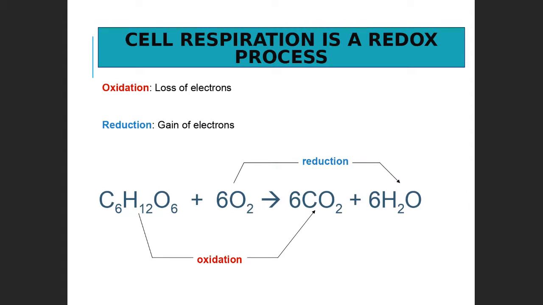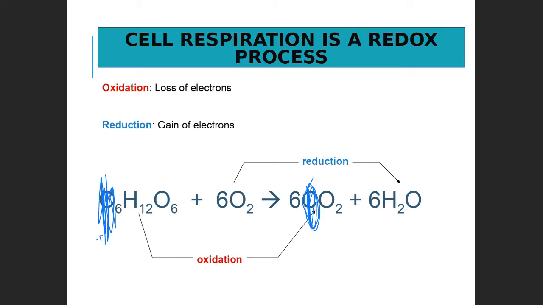Here in this equation, we are going to see a molecule that is going to be broken down. You see this carbon over here, the only source for this carbon came from this big molecule of glucose. So the C6H12O6 has been oxidized to CO2.